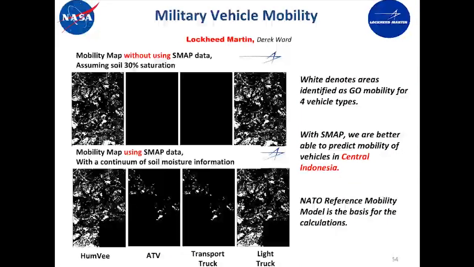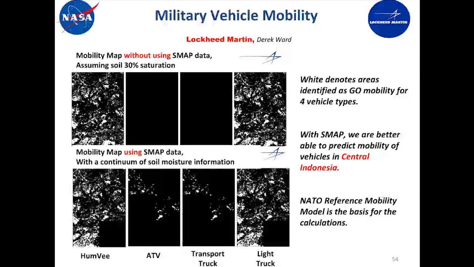And then you have vehicle mobility, which is Lockheed Martin. In the two images you see, you have 4 squares on top and 4 images on the bottom. They're exactly the same. The only difference is that you have a mobility map on top that blacks out the 2 center boxes, and the boxes below essentially mirror the top.